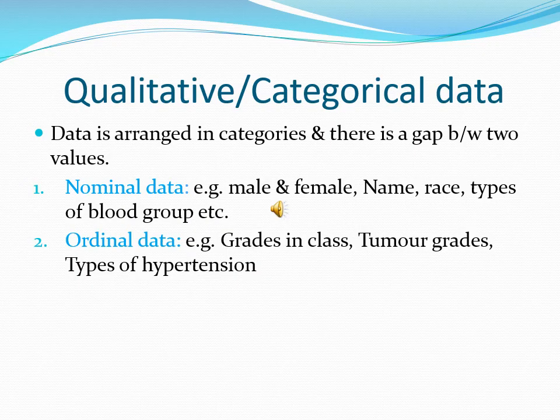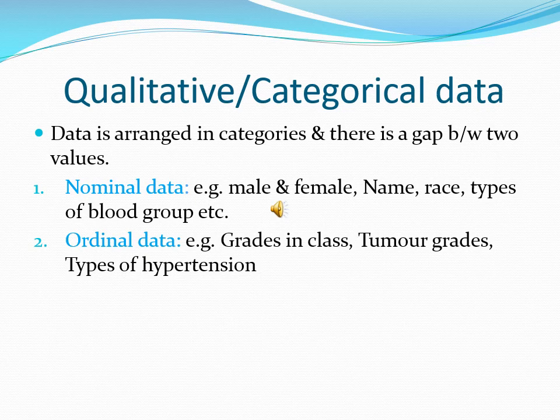When the data is arranged in categories and there is a gap between two values, it is called qualitative data. It is further divided into nominal and ordinal data. Nominal data, as the name indicates, the categories are only distinguished by names and labels and cannot be classified one above another.